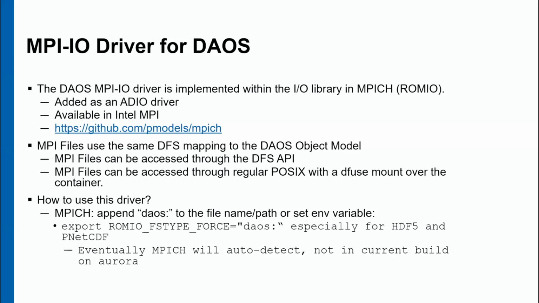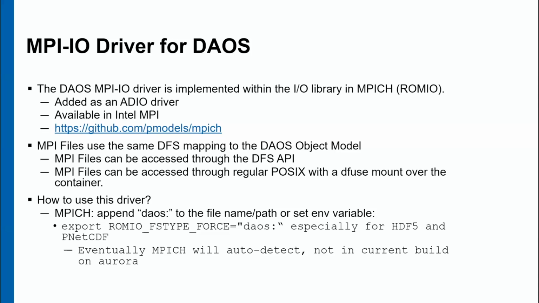And the way that you use the driver, as Kaushik said, you could either append daos: to the file name of the file that you're going to use, or you can set the environment variable ROMIO_FS_TYPE_FORCE equals daos:, which will make every single file access you have through MPI-IO go through the DAOS driver.